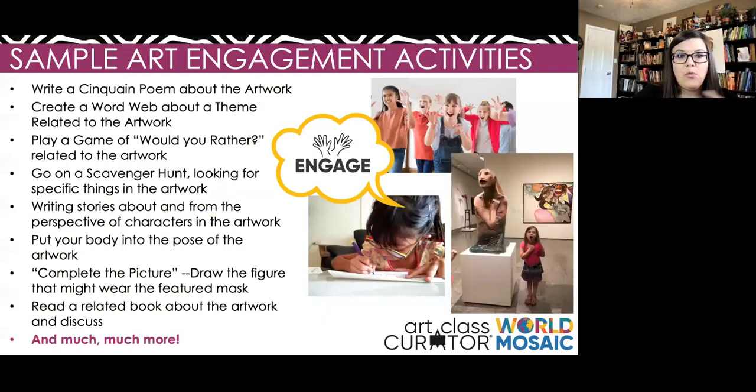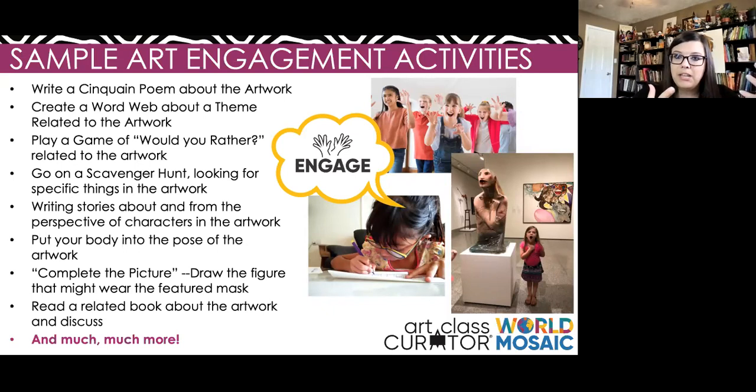All right, so a sampling of the engagement activity. We really like to get the kids up and moving so they're not just sitting and looking at a work of art. We want it to be interactive so that they're engaged and having fun with it. These are just a quick sample of some of the activities. We write poetry, there are word webs they create, you play games like Would You Rather, there are scavenger hunts, they write stories, sometimes from the perspective of the character or somebody in the artwork, or their own thoughts and feelings about it.